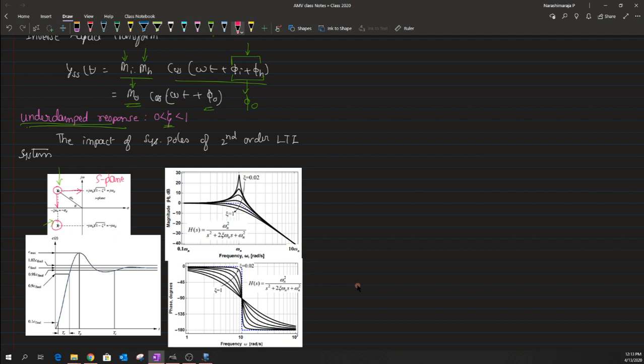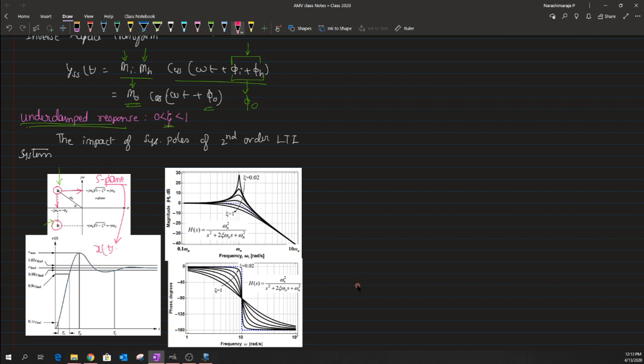Now, having this kind of behavior in turn defines an output response like this for a step input. So this is the type of output that I would get as a step response.